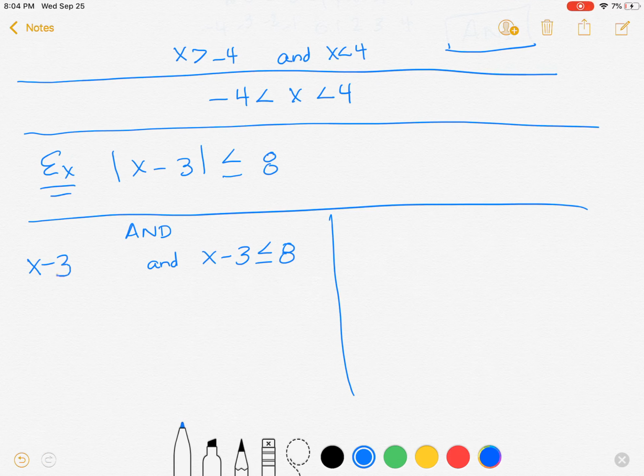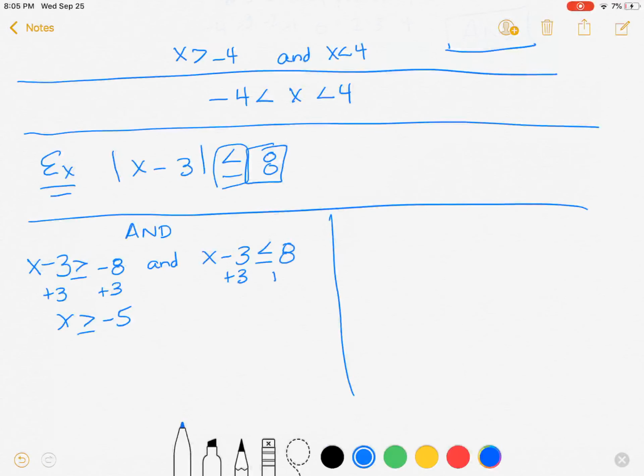X minus 3, I'm going to flip the inequality sign to greater than or equal to, and I'm going to flip the sign on the number. Then I can add 3 to both sides, and I get x greater than or equal to negative 5.